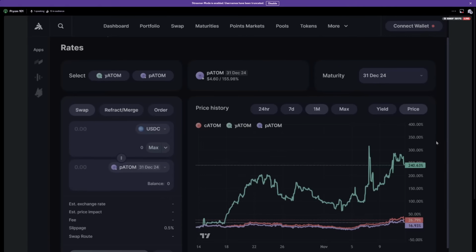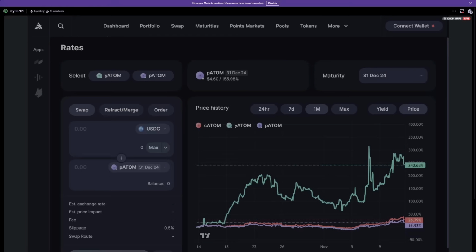But you can see, because the Y atom from the Deck 24 maturity is actually the cheapest Y atom. That one's been the one that most people have wanted to buy, so that's why this has done 240% in the last month in return, which is kind of astonishing.